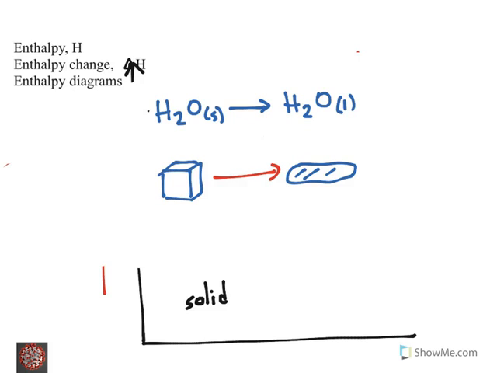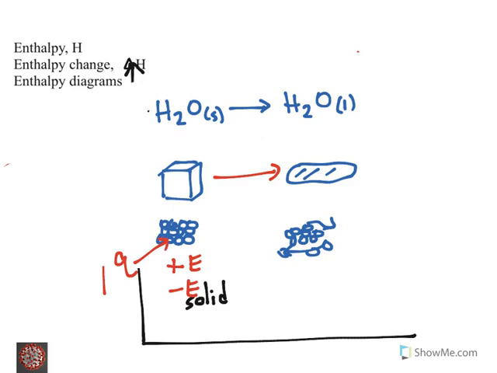Well, if we think about it like particles, in the solid, the atoms or the molecules are in fixed positions. So in order for them to behave like a liquid, they're kind of close to each other, but they're able to slide past each other. They have intermolecular forces. Do you think they would need to gain energy or lose energy? Well, think of it like this. You have to invest heat or energy into the system so that they can move faster.